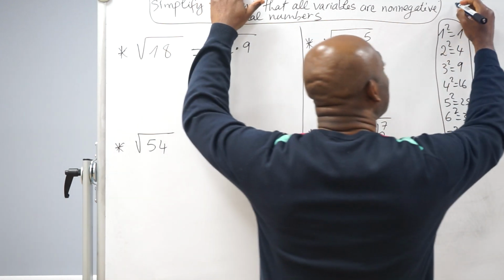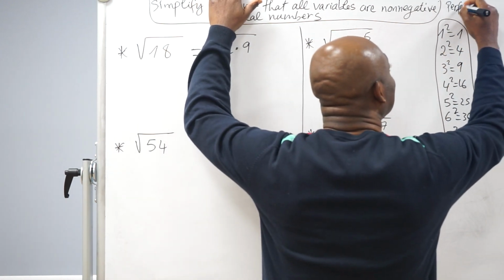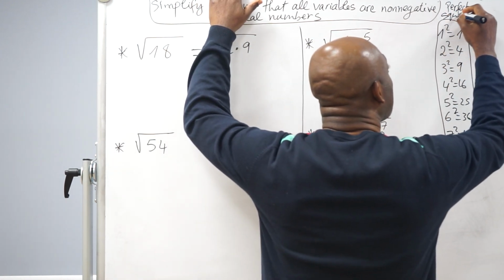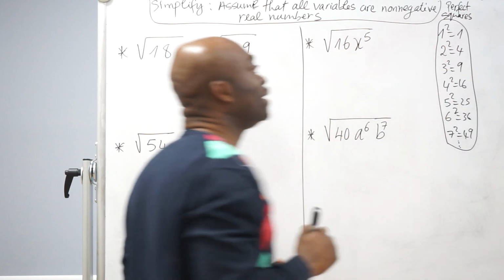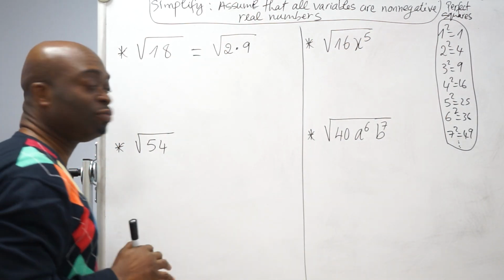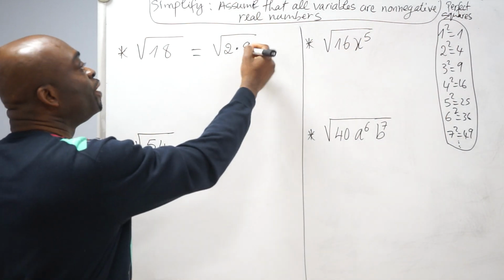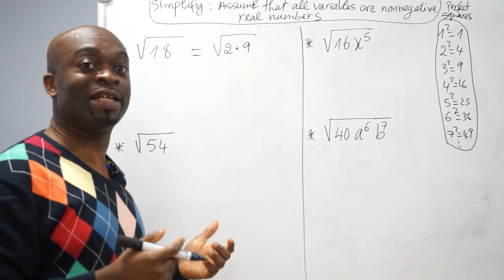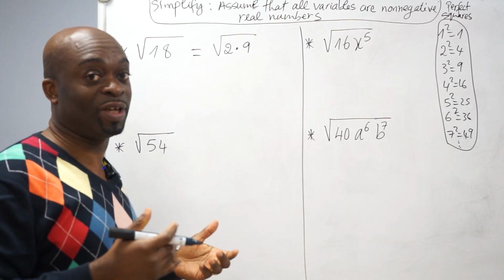So we're talking about perfect squares. Now, 9 is the perfect square of 3, because 3 by 3 is 9.